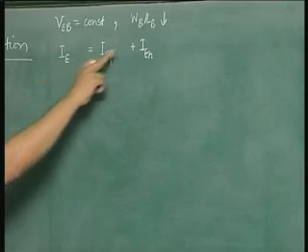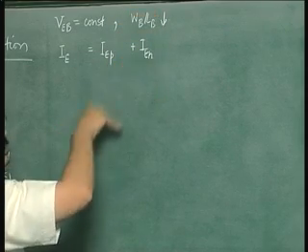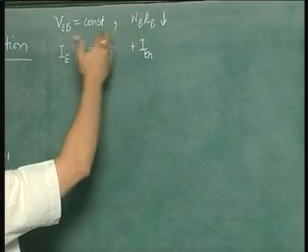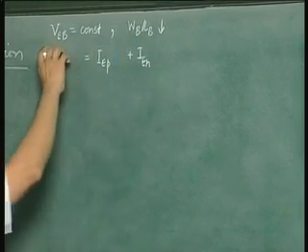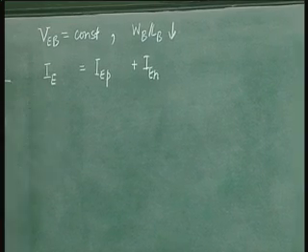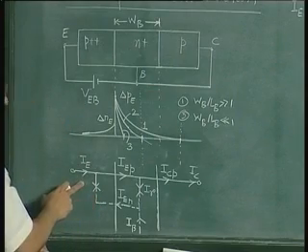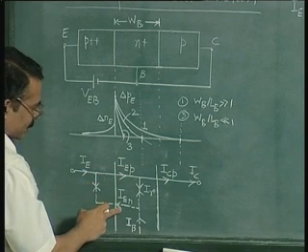So as WB by LB is reduced, this arrow downward indicates reduction, a progressive reduction up to WB by LB tending to 0. Now we will write what happens to the various current components. Let us take the current IE, that is this current. So this IE is IEP plus IEN.